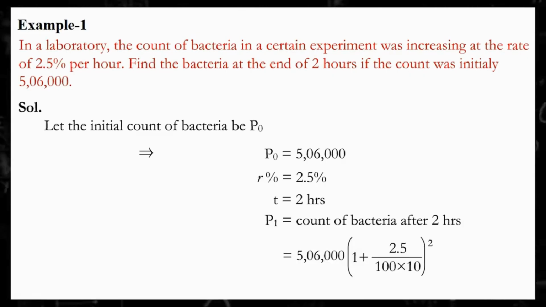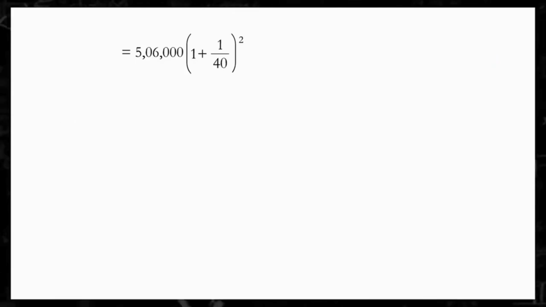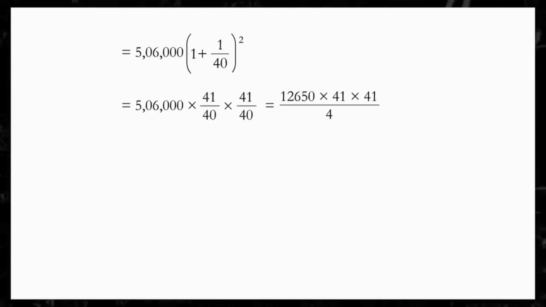This is equal to 5,06,000 into, in the brackets, 1 plus 2.5 upon 100 into 10, the whole square, which is equal to 5,06,000 into, in the brackets, 1 plus 1 upon 40, the whole square, which is equal to 5,06,000 into 41 upon 40 into 41 upon 40, which is equal to 12,650 into 41 into 41 upon 4.